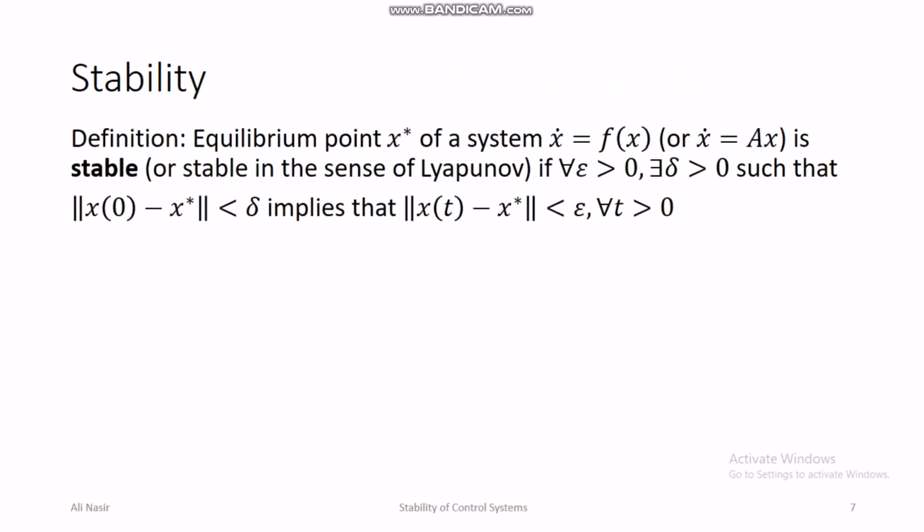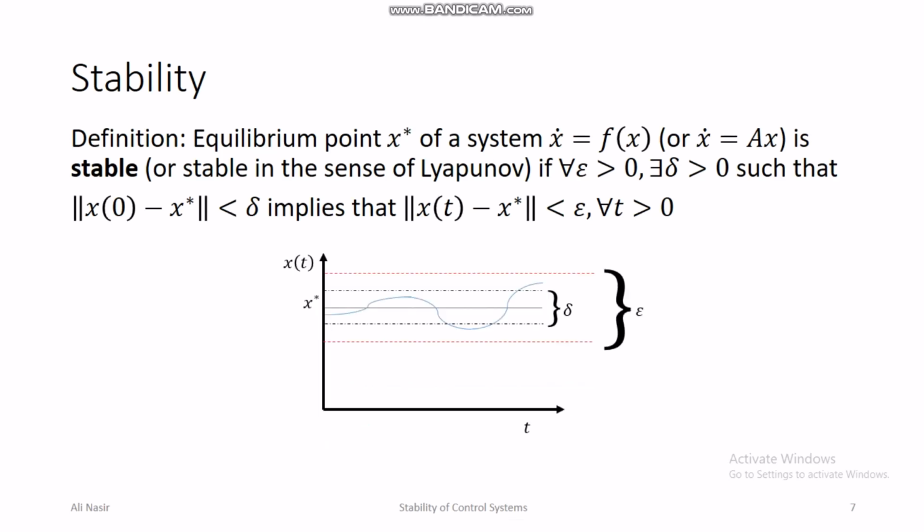First we look at the definition of stability in the sense of Lyapunov, where the requirement is that if the norm of x of 0 minus x star is less than delta, then this should imply that the norm of x of t for any time minus x star should be less than epsilon. So this is the picture that shows this concept. This is a plot of x of t versus time. I'm assuming a scalar, single state variable.